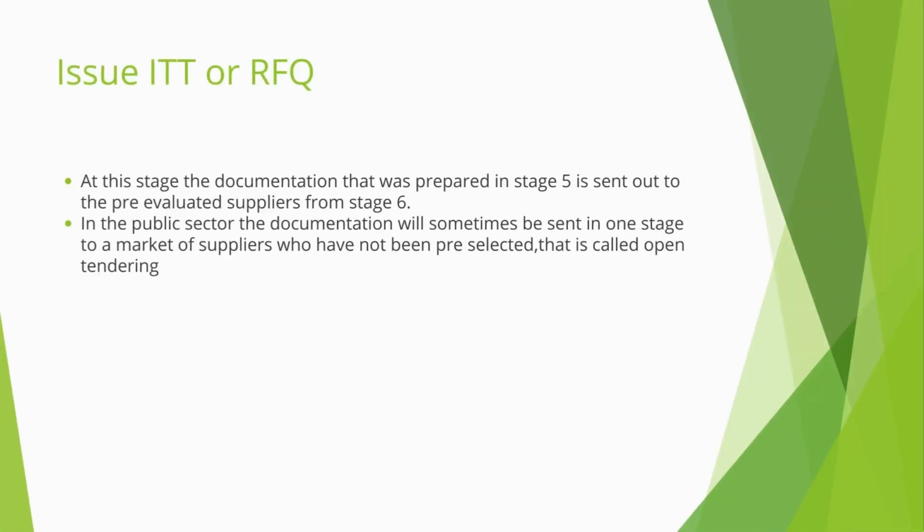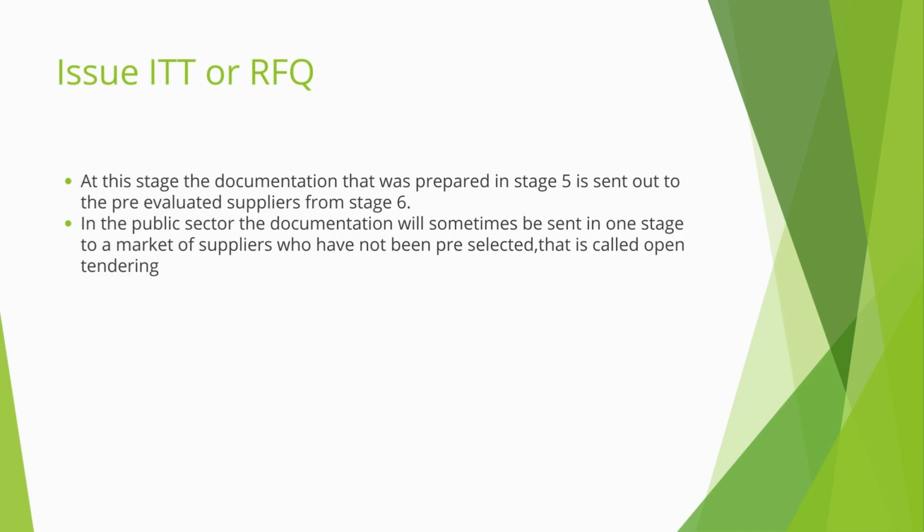So once the suppliers have been selected, the next stage is to issue now the invitation to tender or the request for quotation. At this stage, the documentation that was prepared in stage 5 is sent out to the pre-evaluated suppliers from stage 6. In the public sector, the documentation would sometimes be sent in one stage to a market of suppliers who have not been pre-selected, and that is called the open tendering.